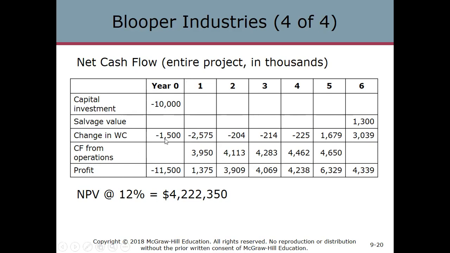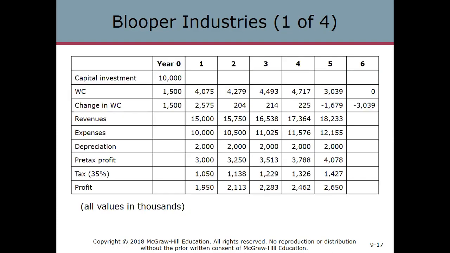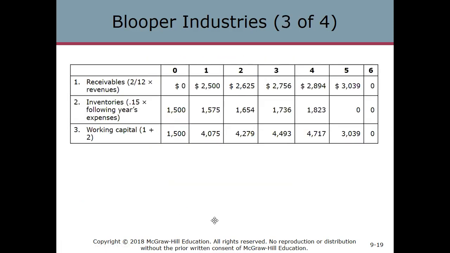We can notice that from year 0 to year 4, we actually have negative change in working capital because if we go back to this table, take note that from profit down to the computation of our working capital, we can see that we have here our positive working capital.